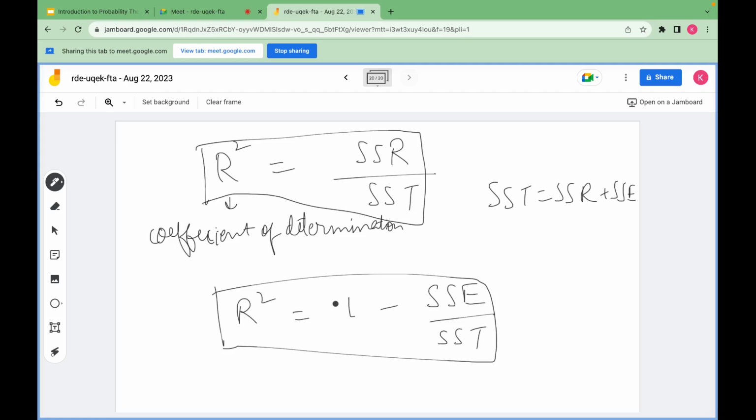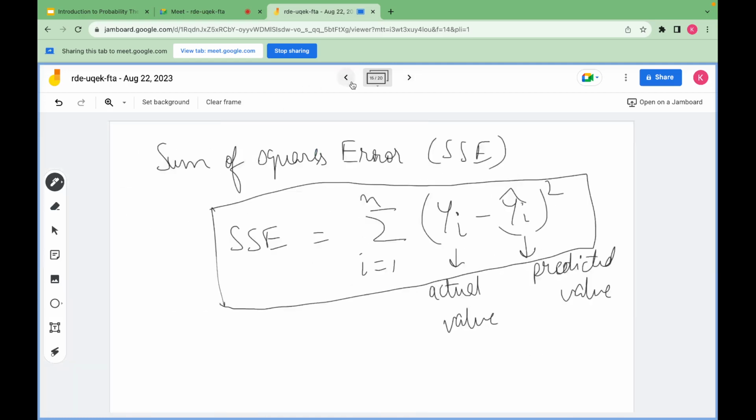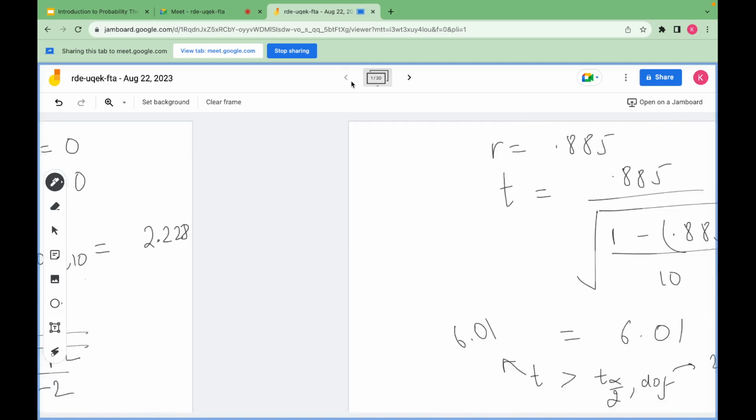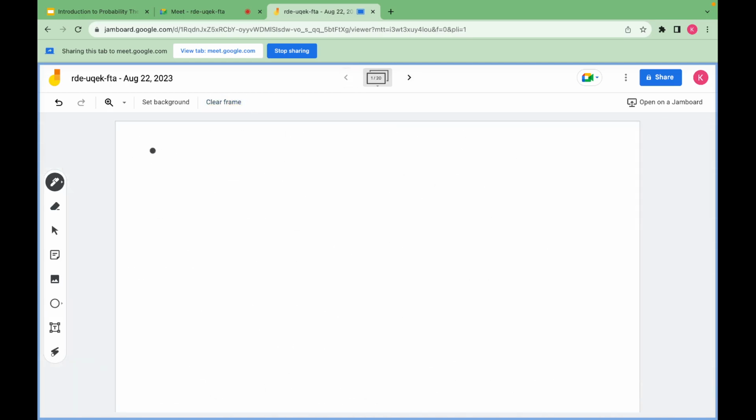Now we will see this F statistics in simple regression.